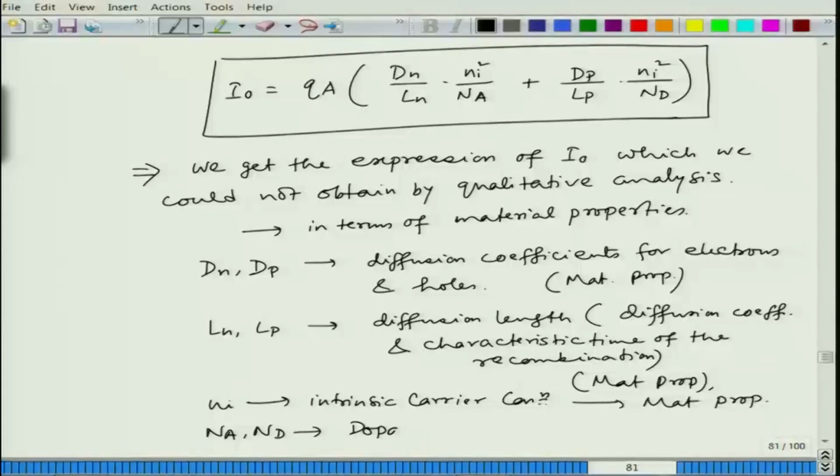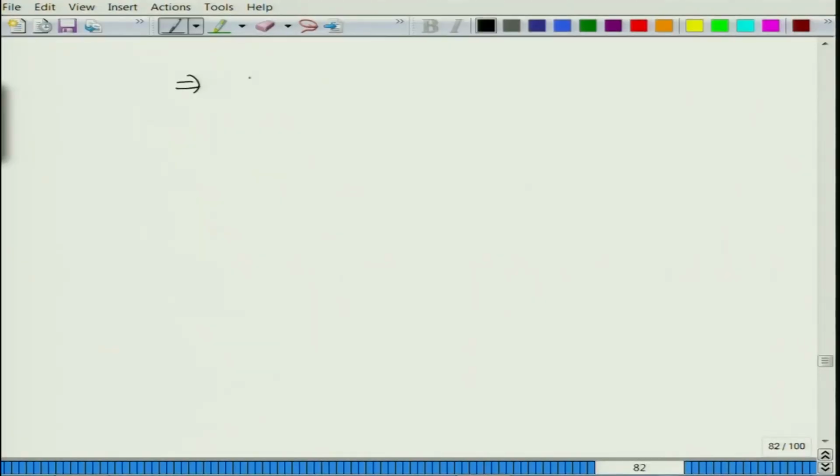So these are controllable parameters. And q is the charge of the electron, A is the area. Area is of course controllable, and that gives you I0. So there is a complete skeleton of how this I0 is obtained, and this I0 is nothing but the reverse saturation current.